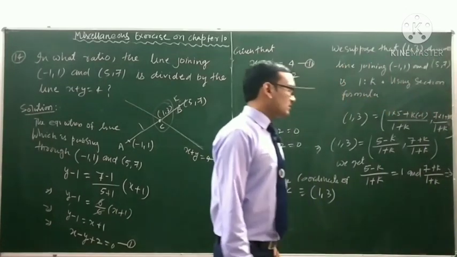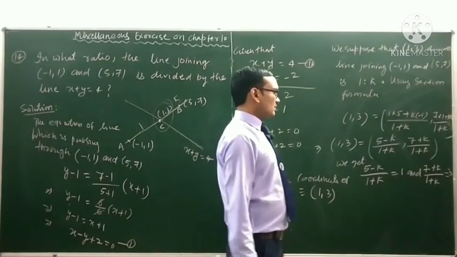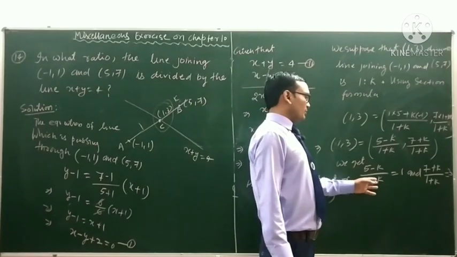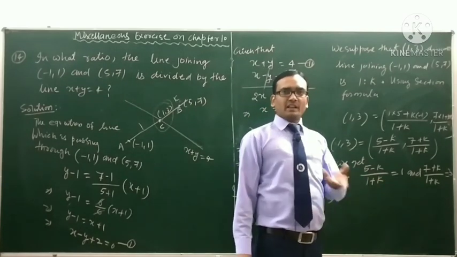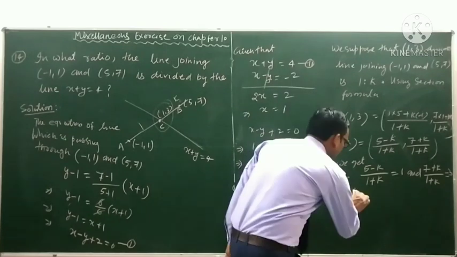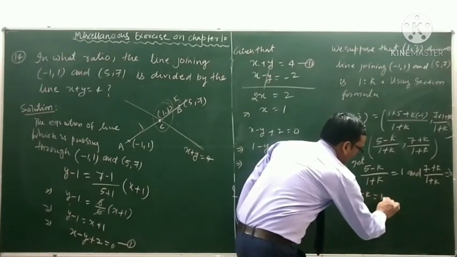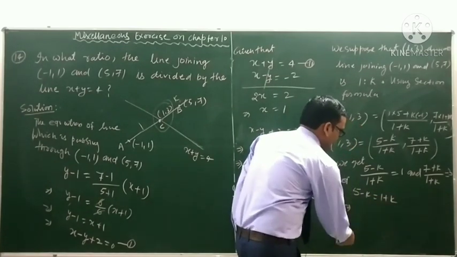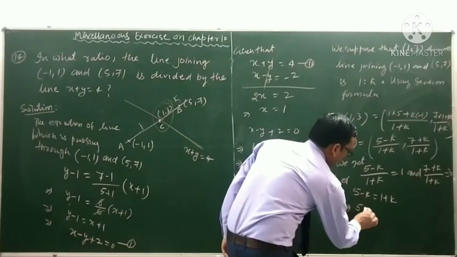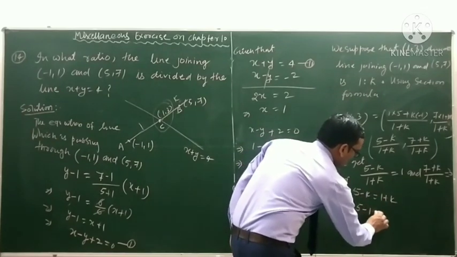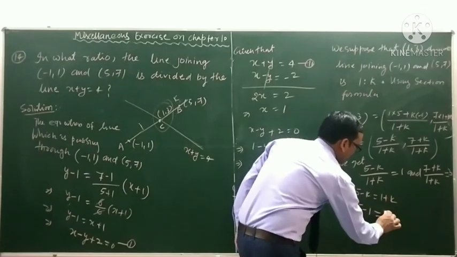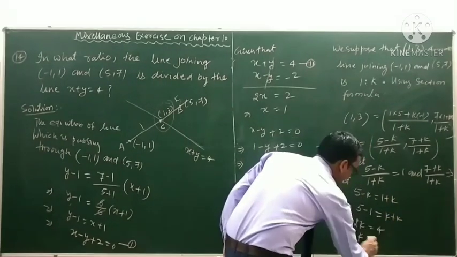We solve (5 minus k) upon (1 plus k) equals 1 and find the value of k. 5 minus k equals 1 plus k, which implies 5 minus 1 equals k plus k, so 2k equals 4.